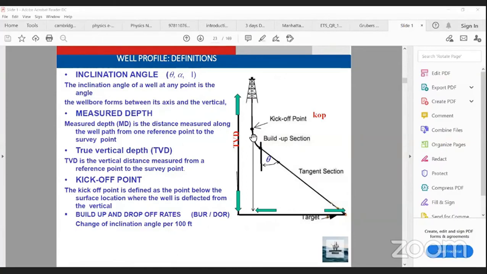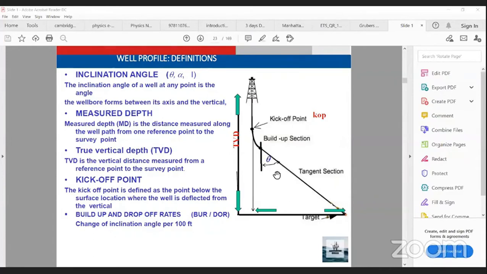The angle will keep increasing by 3 degrees per 100 feet as I reach the depth. Another rate is called drop off rate. When I build the angle and reach the target angle, say 40, then I hold at 40.